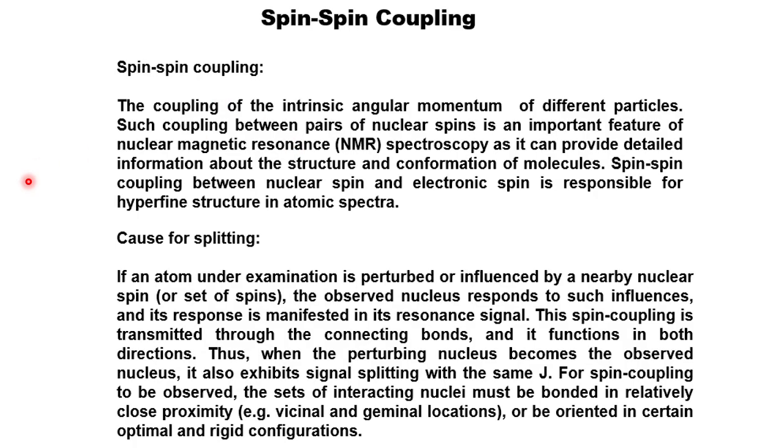It is the coupling of the intrinsic angular momentum of different particles. As we know, there is spinning and also rotating, so there must be an angular momentum. What is the reason for such coupling? Two nuclei which are spinning, if they come very close, will interact with one another.